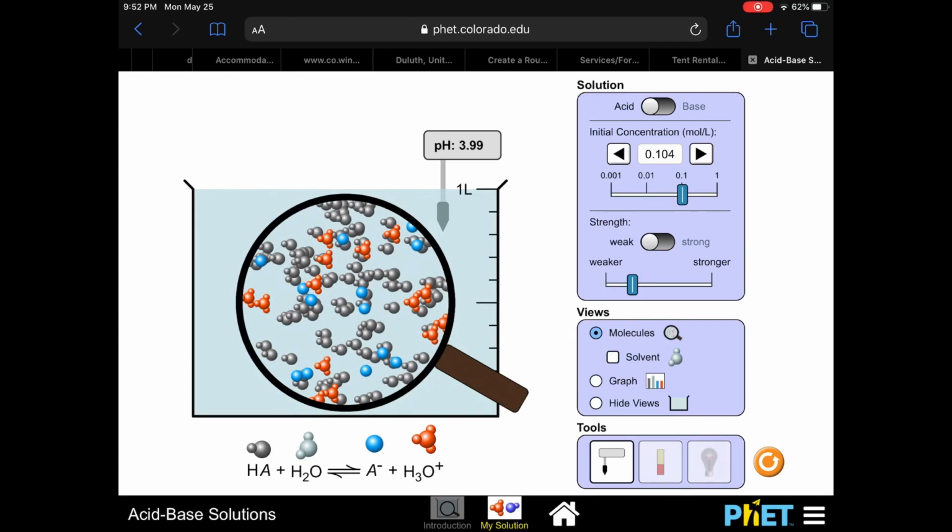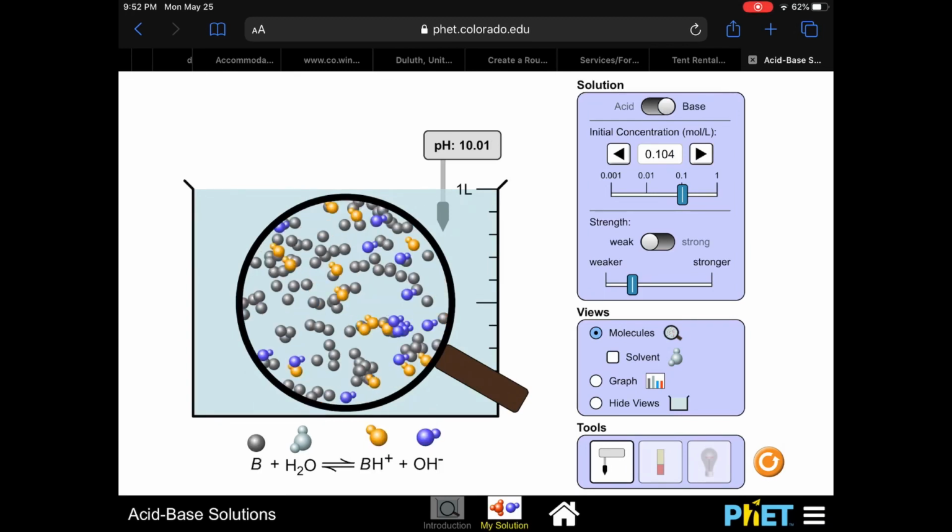The same thing goes for base. Let's make a base now. Let's take a base and let's make it stronger. Predict what you think is going to happen with pH when I make the base stronger. Did you guess that the pH would increase?